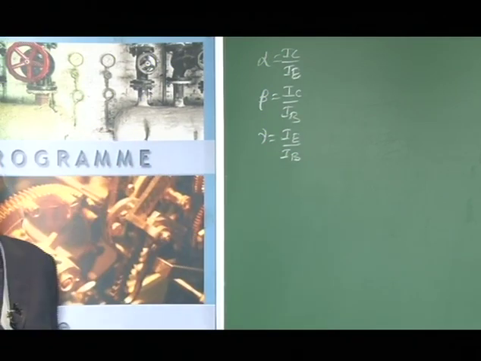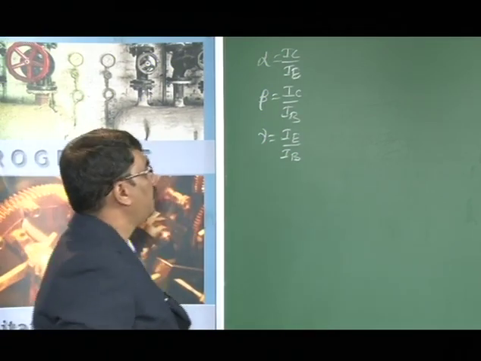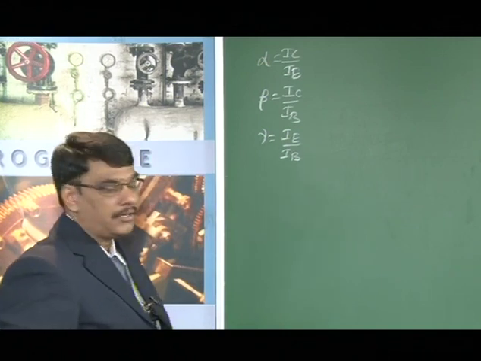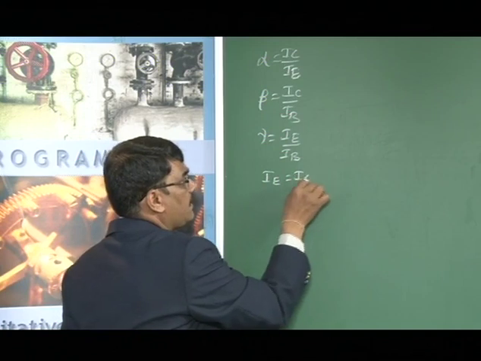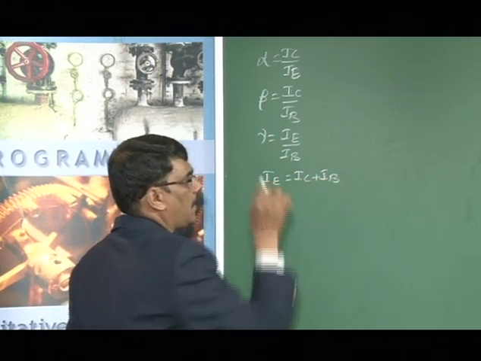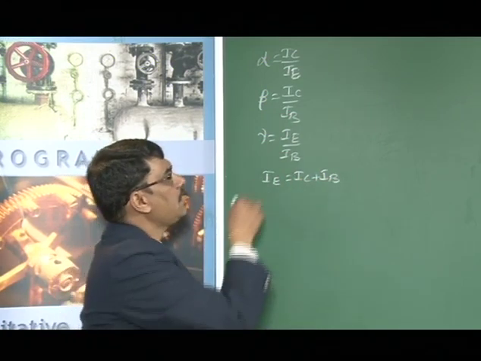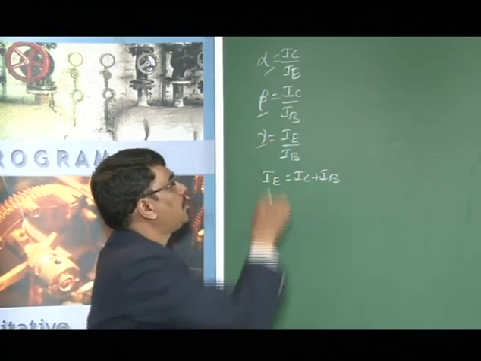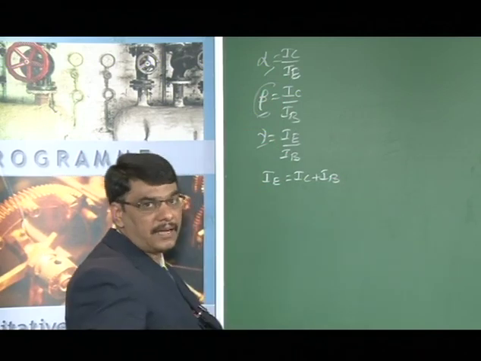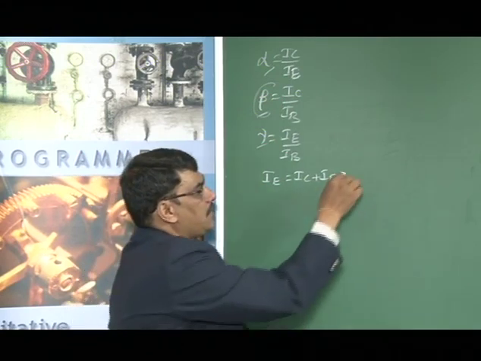Also we know that the emitter current IE is equal to IC plus IB. If you use this relation, we can find alpha, beta, gamma. Means if you know one of the parameters, we can determine the other parameters.